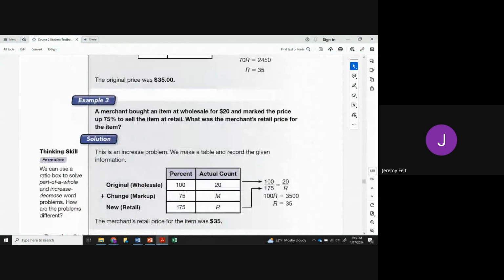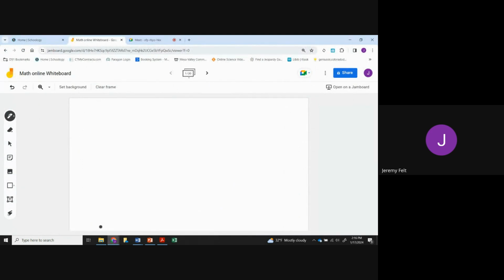Okay, let's look at example 3. A merchant bought an item at wholesale directly from the distributor, $20, and marked it up 75% to sell the item at retail. What was the merchant's retail price of the item? So again, you can shorten this somehow if you want.